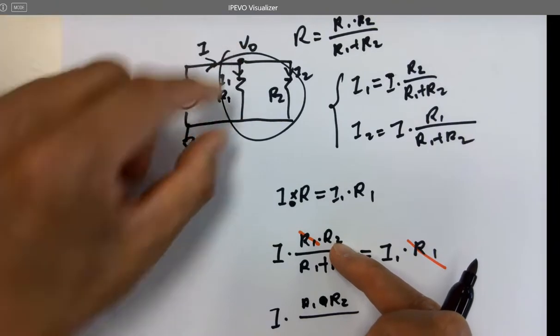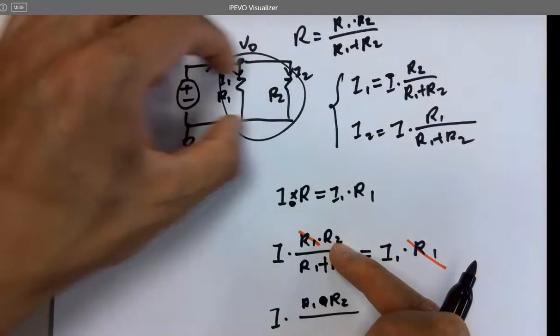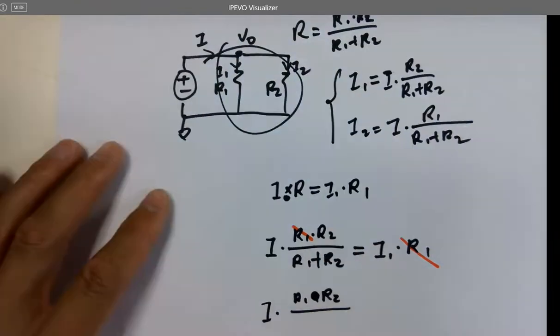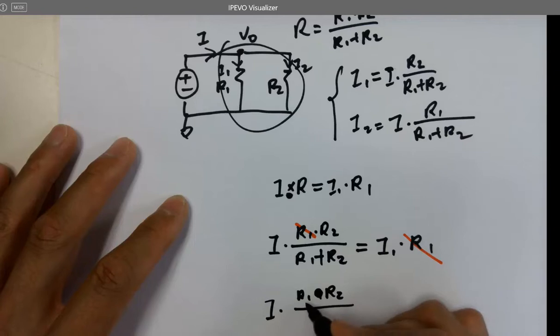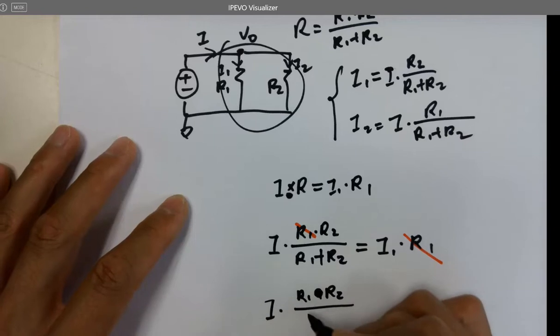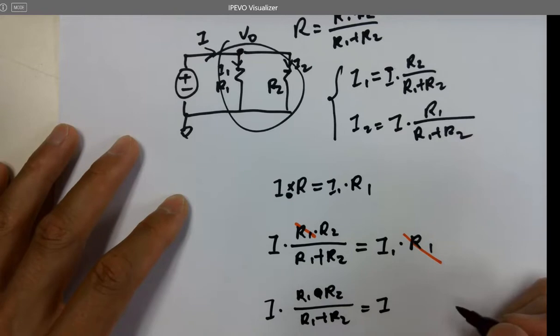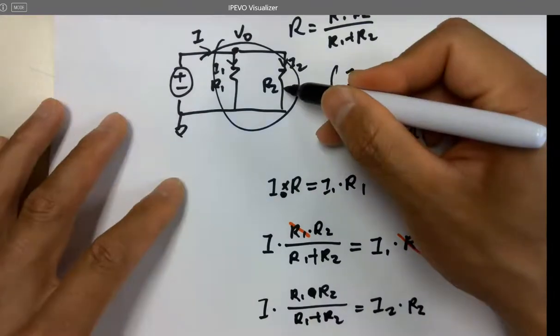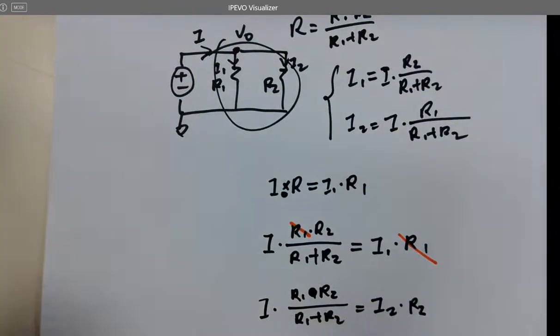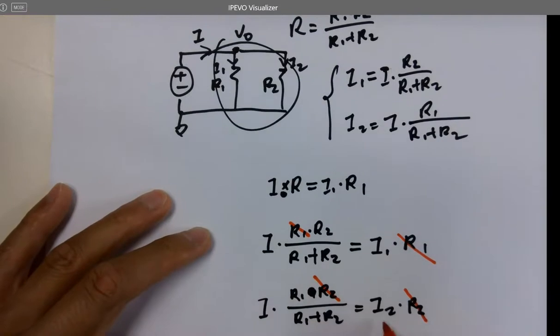And it's going to be the same voltage for each branch as well, the same nodes. So I times the overall resistance, which is this, equals I2 times R2. Here's I2, here's R2, right? And then you cancel R2. You can find out I2 equals this.